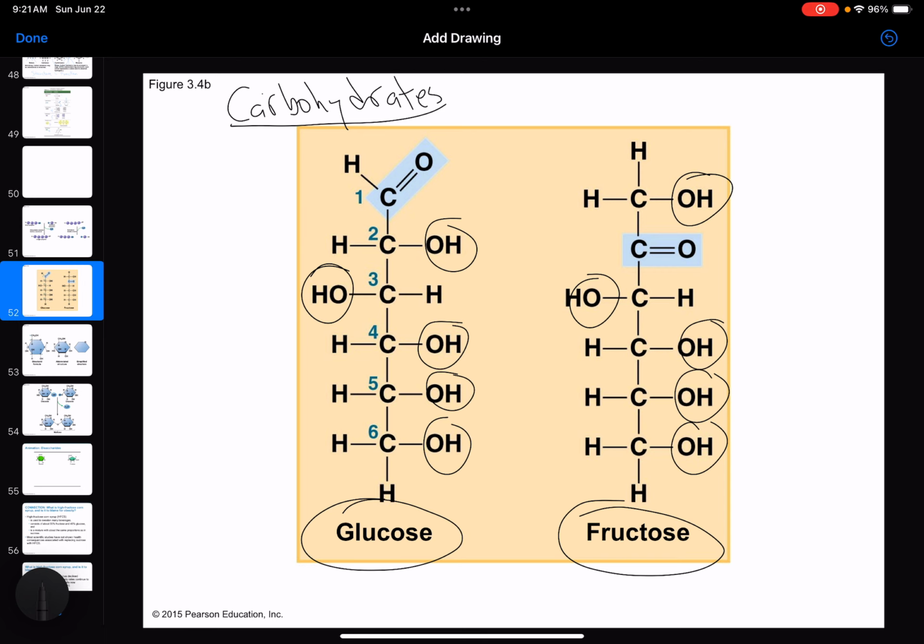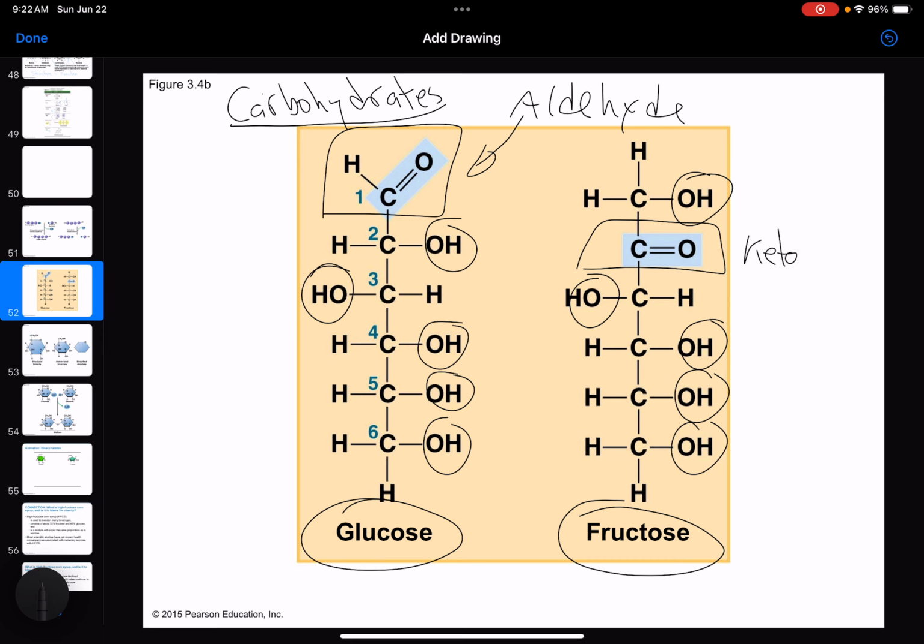Do you notice the ones that are shaded in blue? Can you tell me what those functional groups are? You might remember that this one over here is a good example of an aldehyde. But what do you call a double bond oxygen to a carbon in the middle of the chain? I hope you figured out that that was a ketone.